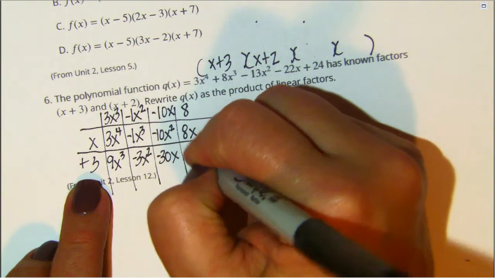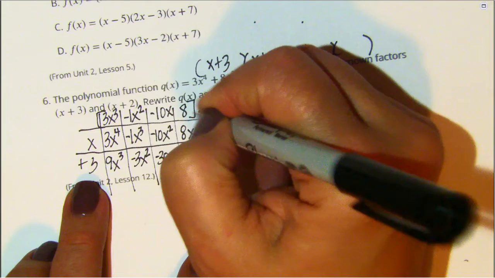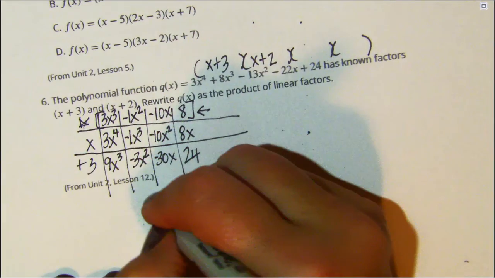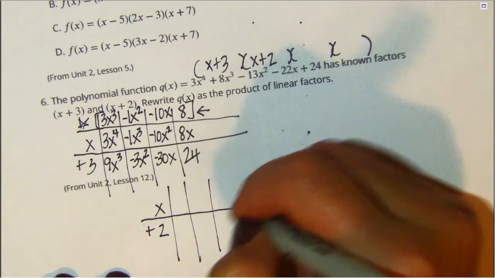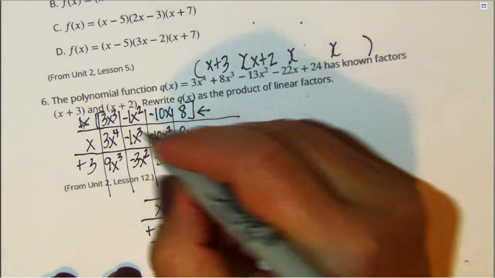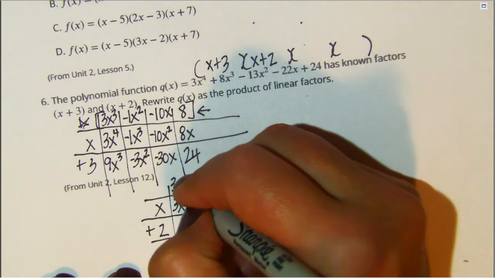And then remember, you can tell if you did it right, because look, 8 times 3 makes 24. Now, don't go back to the original polynomial. Now you're going to take this one, third degree, see? And we're going to divide it by the other known factor. So now I take x plus 2. And what do we got here? I need 3x to the third. So that's 3x squared.